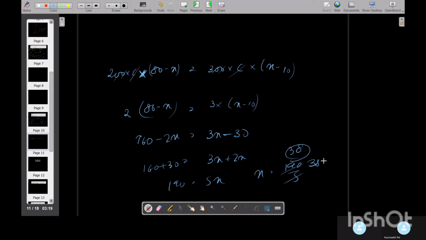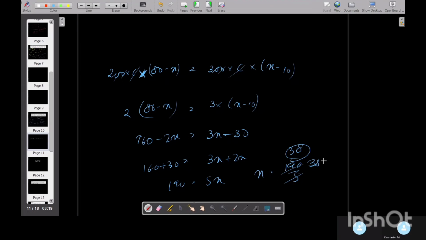A question may come that suppose this vessel is made of copper. Copper has a heat capacity of 0.4, we know that. So when you're putting hot water, the copper vessel is also gaining some heat from the hot water.